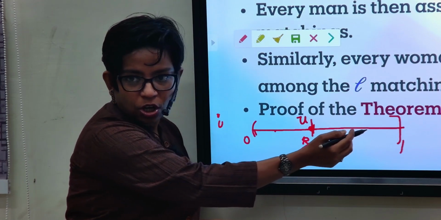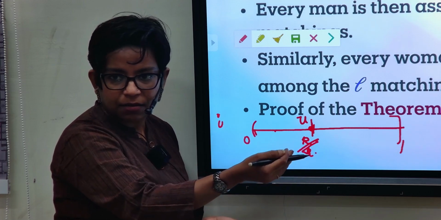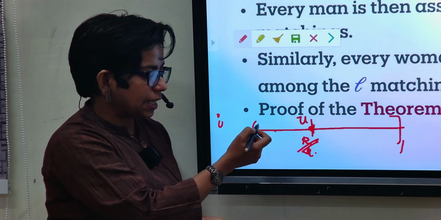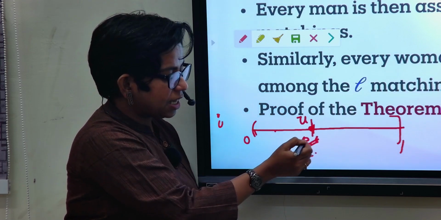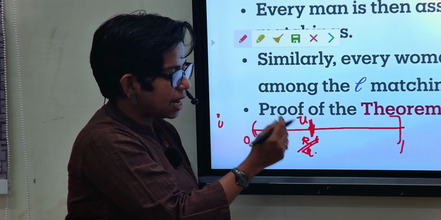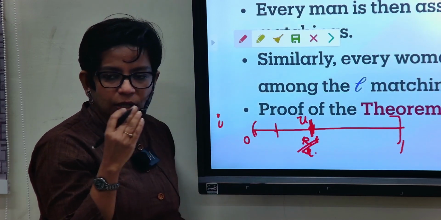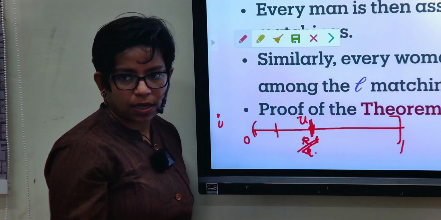And because I have sorted them, I sorted the men's preference list like it was a multi-set sort of situation, and here also I sorted from the men's perspective. If somebody falls here, there are only at most L intervals that are non-zero length.